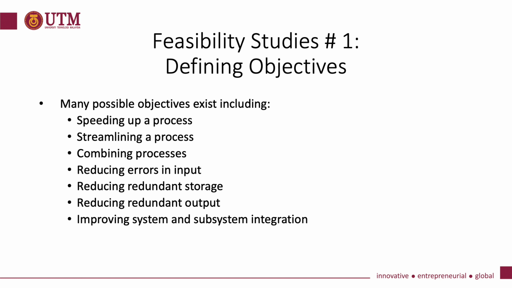The expected changes may also be in terms of reducing errors when the user keys in the input, overcoming duplication issues of the generated outputs, reducing redundant usage of storage, or even improving the existing integration between the current system and its subsystem.